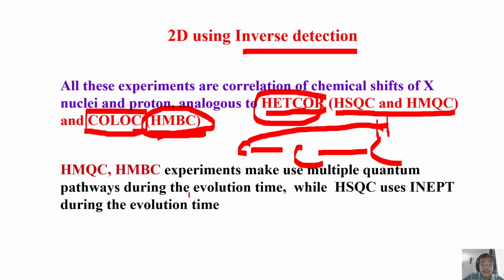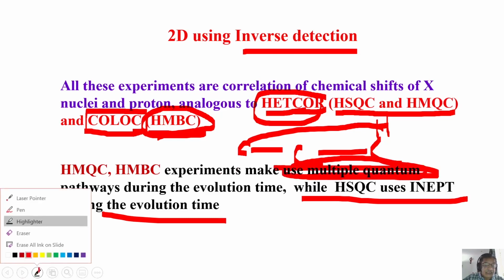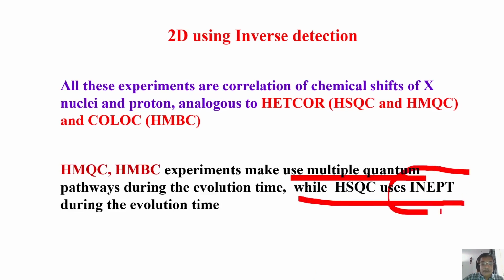As I said, HSQC uses single quantum during the evolution time, and the HMQC experiment makes use of a multiple quantum pathway. It is difficult to understand the multiple quantum pathway with an energy level diagram. It's a little bit difficult to do, but not impossible. HSQC is routinely followed. It uses INEPT polarization transfer.